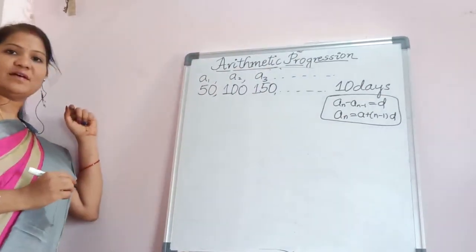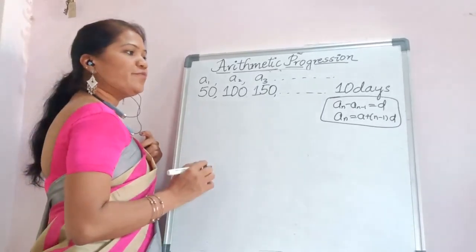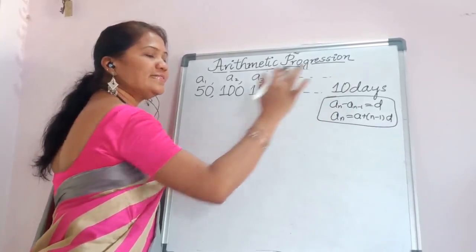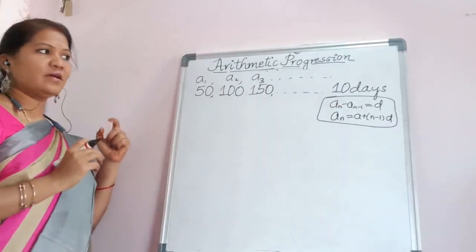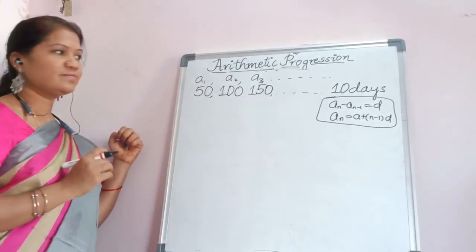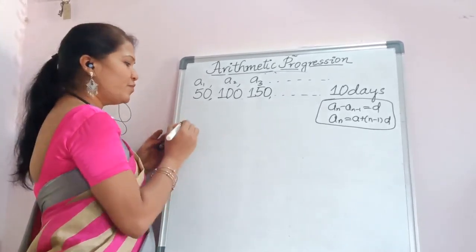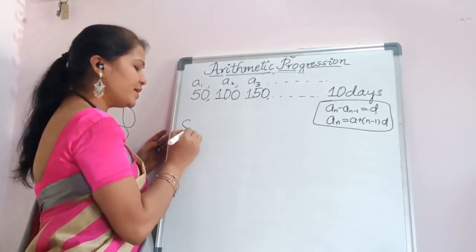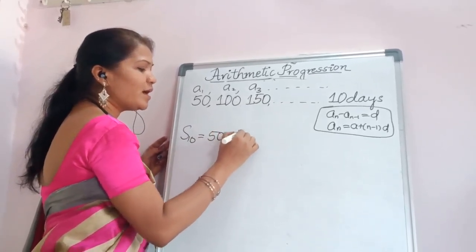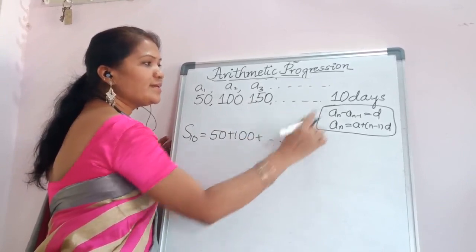Now from the same example, I am going to find the sum of the amount for these 10 days. The total fine to be paid for the delay of 10 days. So let us take the first 10 days, now S10. S10 is what? First day 50 rupees. Second day 100 rupees. Like that, the 10th day I don't know, no?